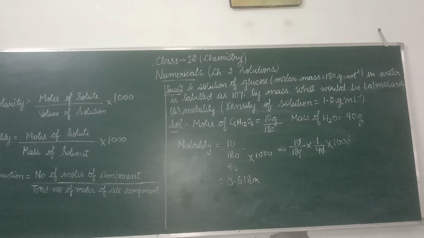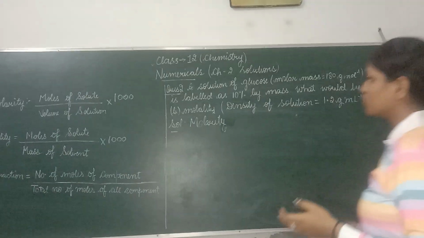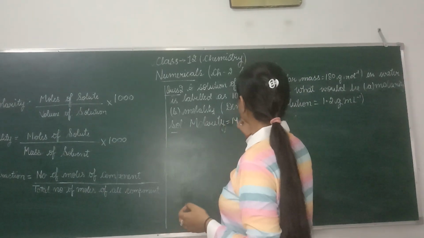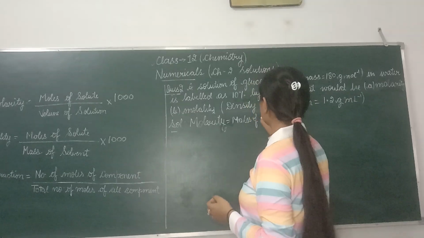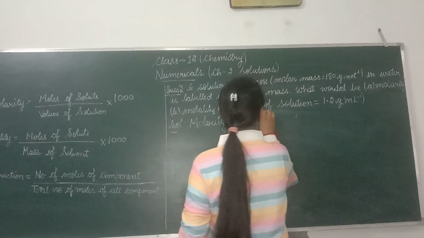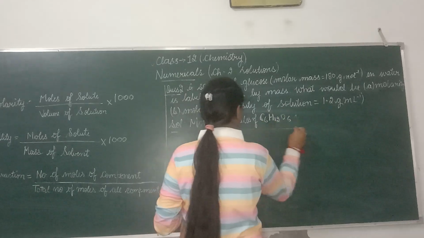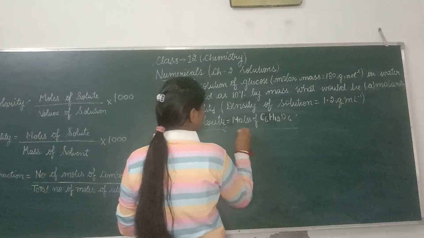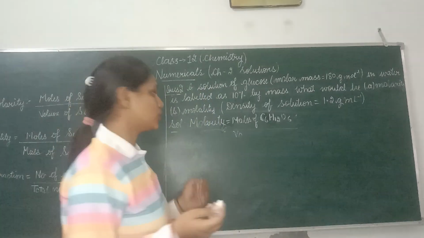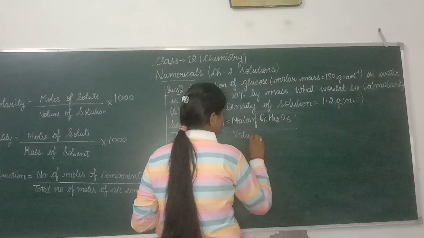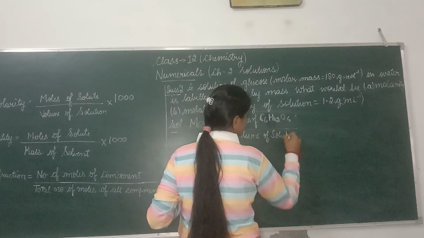Now we will calculate the molarity. Here it is the moles of solute, again glucose, C6H12O6, upon the volume of solution. Here it is not the mass of solvent, it is the volume of solution, multiplied by 1000.